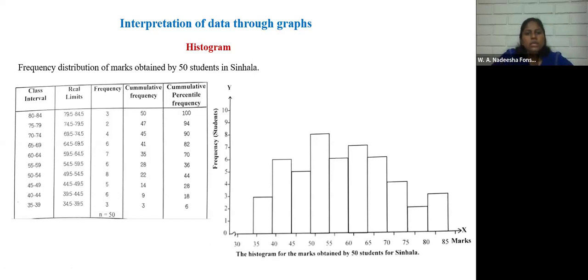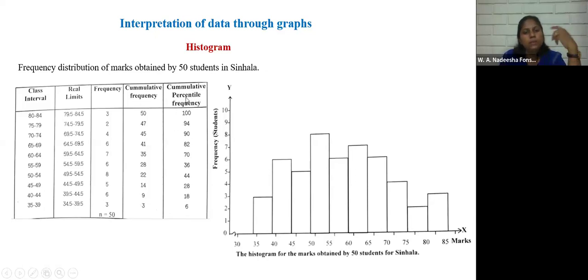So then the cumulative percentile frequency. First we have to calculate the percentage of these frequencies. Then we take the cumulative percentile frequency. Is this column clear for you?